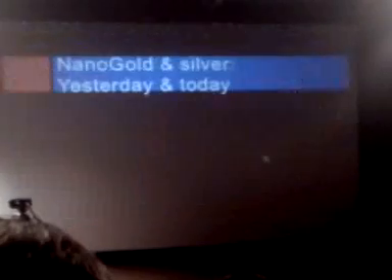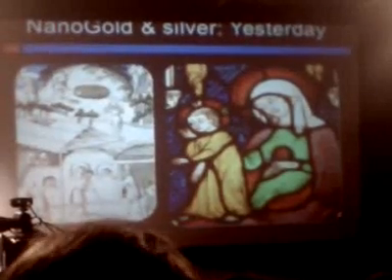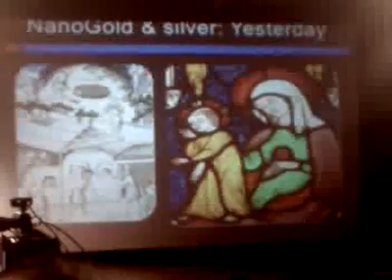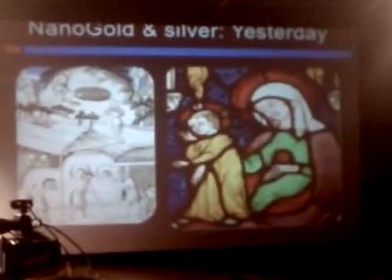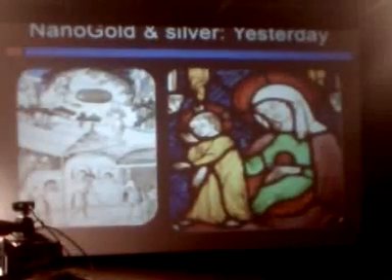Another example of nanotechnology of yesterday and today, not necessarily linked to Einstein, is nanogold and nanosilver. So thinking about nanogold and nanosilver, so extremely small nanoscale pieces of gold and silver, they've been around for a long time.